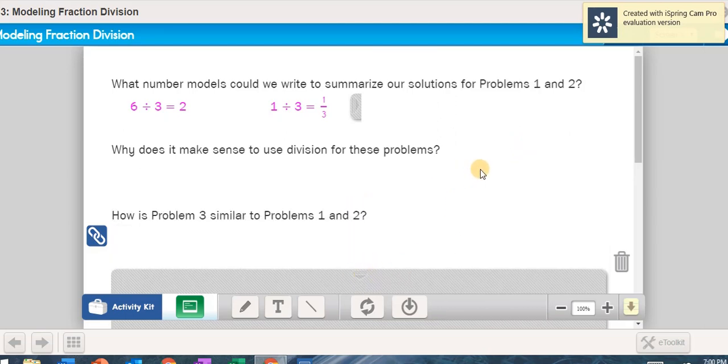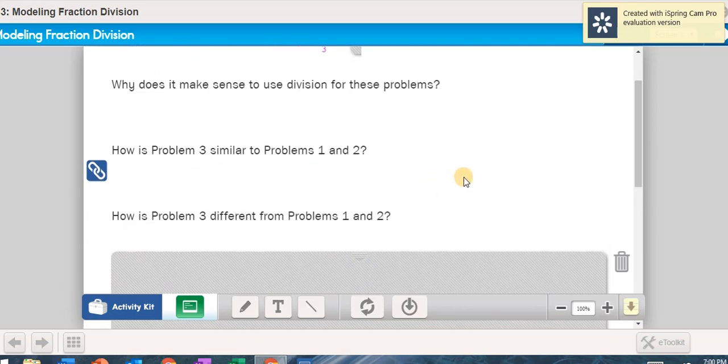How is problem 3 similar to problems 1 and 2? Problem 3 tells us we have a 1/2 meter rope and it is cut into 3 equal pieces. So up top, this was number 1. We had a 6-meter rope cut up into 3 equal pieces. Here we had a 1-meter rope cut up into 3 equal pieces. And again, for problem 3, we have a rope that we need to cut up into 3 equal pieces.